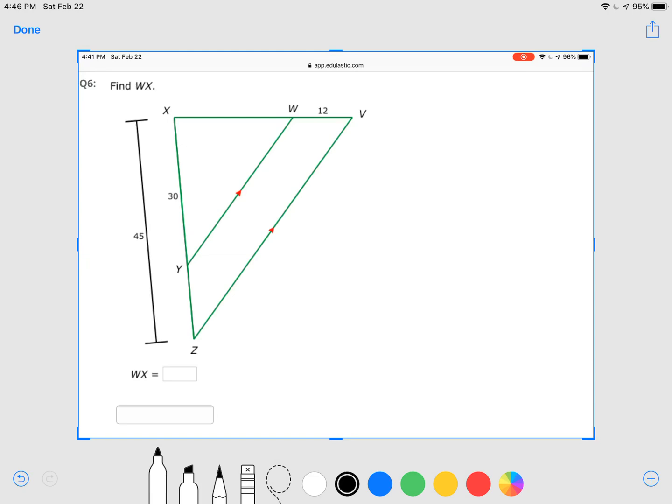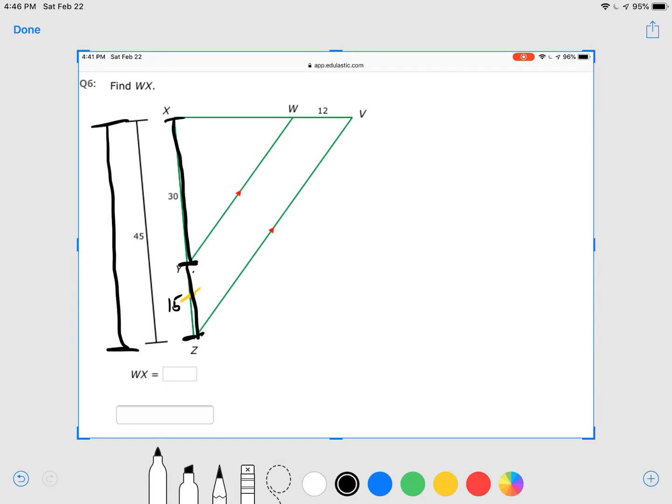We can actually take advantage of just certain parts of the sides. Well, before we do anything, this right here, YZ, that is equal to 15. And the reason for that is because if this entire distance is 45 and you've already spent 30 from here to here, then that means that there's got to be 15 left for this bottom part.